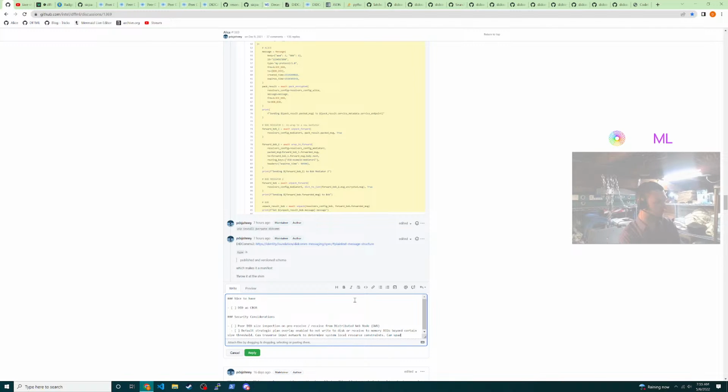Can update. Basically, can traverse input network to determine system local resource constraints.